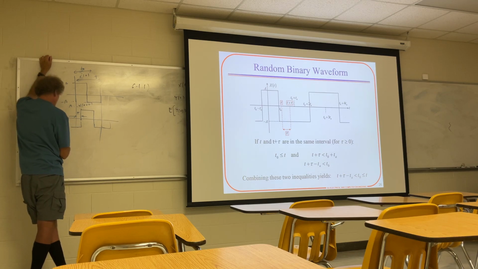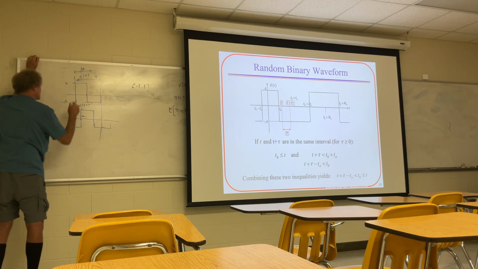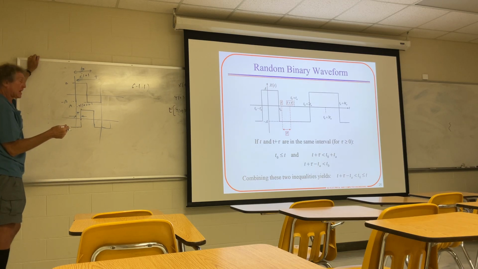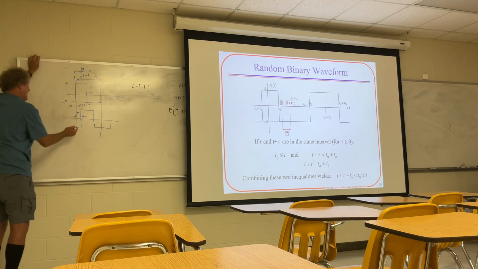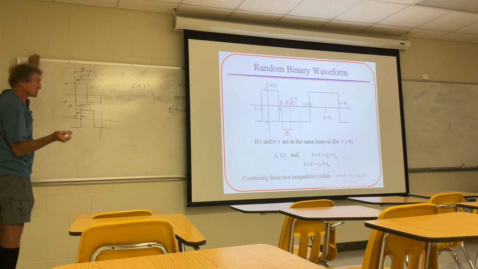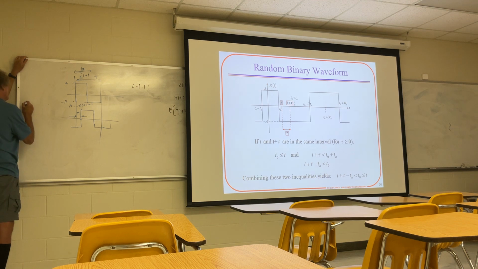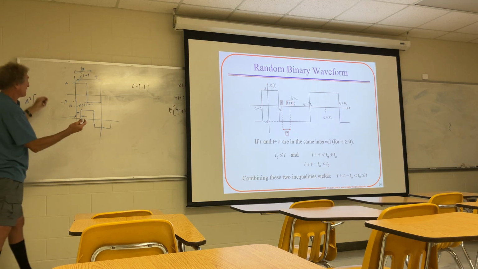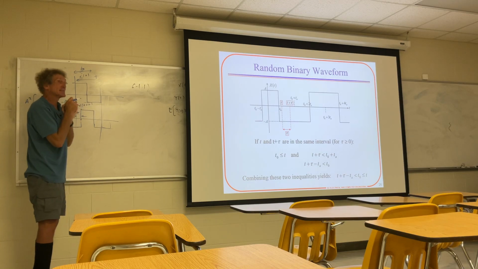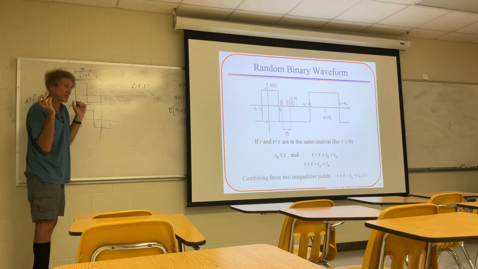And really what you're going to get, when I multiply this times this, is an A squared effect. You follow me on this, class? Either it's going to be minus A times minus A or plus A times plus A. So the magnitude's A squared. I'm not saying this exactly the way I want, but if you think about it, when they're both overlapping, I just get A squared when tau is 0. You follow me on this?